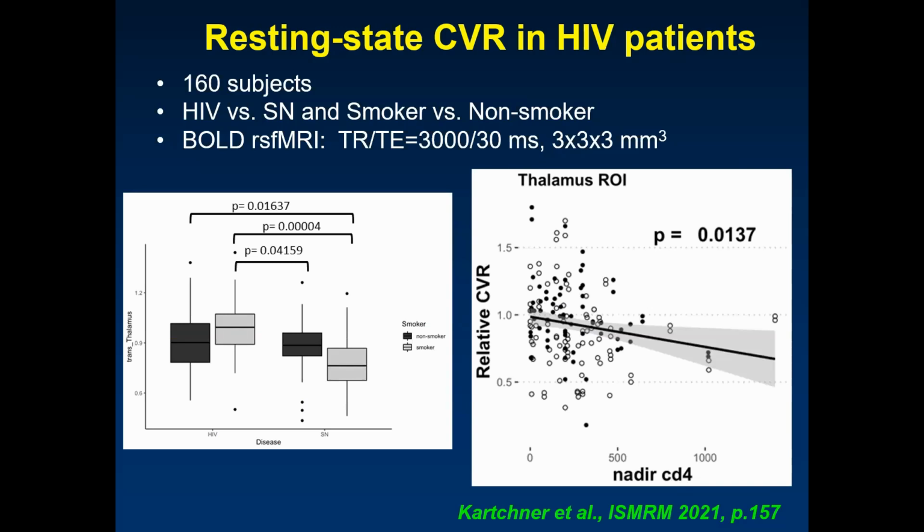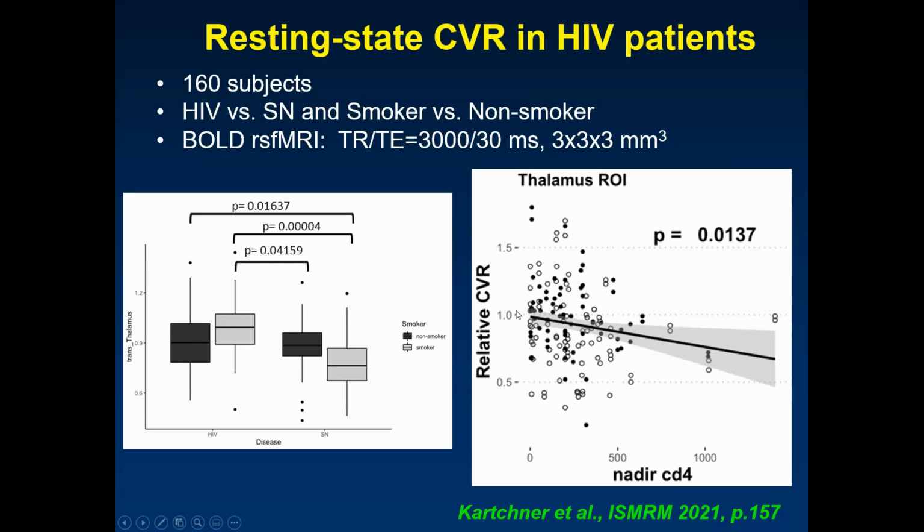And then we tried this resting state CVR mapping method in a clinical study of HIV disease. We had a total of 160 subjects, divided into 4 groups: HIV positive and negative, versus smoker versus non-smoker. We found that their thalamus resting state CVR showed a significant group difference.